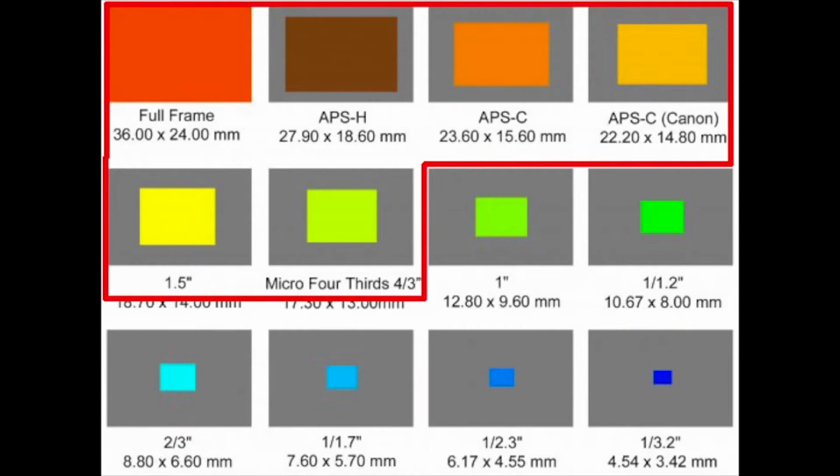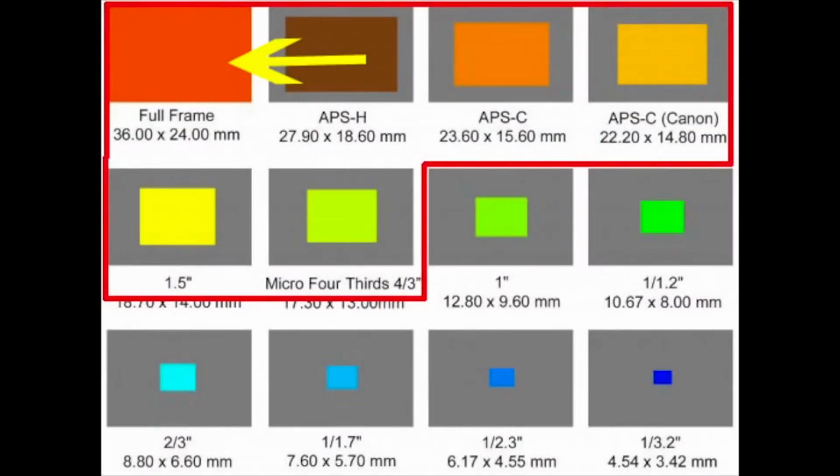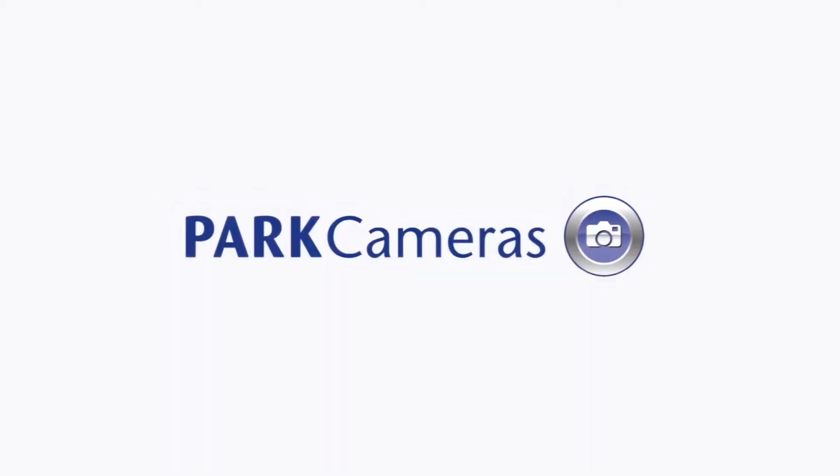These are large sensors. So we start out with the micro four thirds, which is the yellow one on the bottom of the little red box, and then we move into the APS-C family sensors, which is what you're going to see in the vast majority of DSLRs, all the way up to the dark orange one in the upper left corner. That's a full frame sensor.